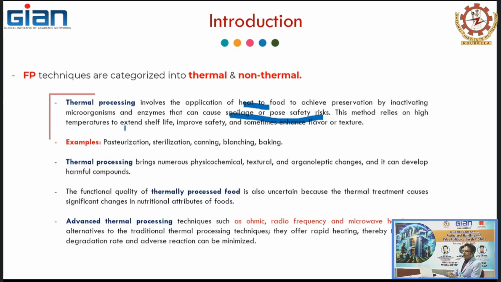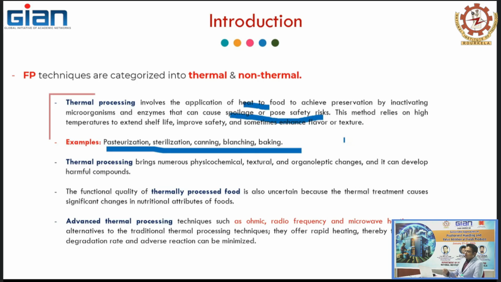Examples include pasteurization, blanching, sterilization and baking, because what is involved here is high temperature heat treatment.